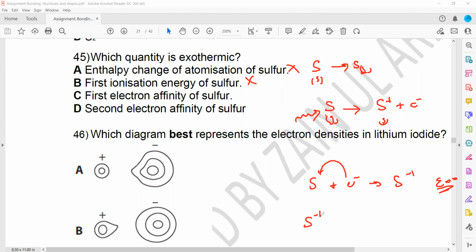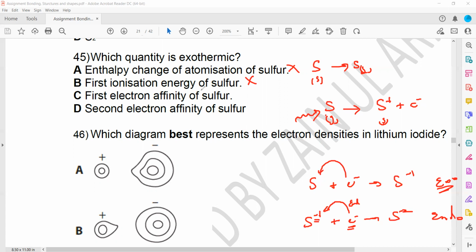Why? Because sulfur is already charged and we are adding another electron. We have to supply energy because the sulfur ion is negative and the electron is also negative, so they repel each other. So second, third, fourth electron affinities are all endothermic. The first is always exothermic.